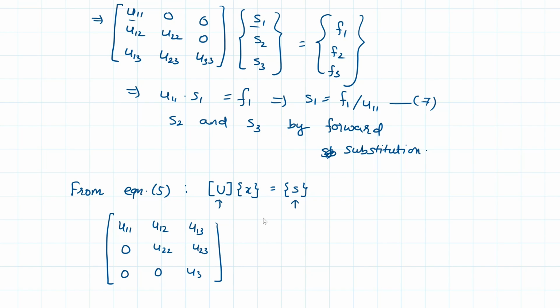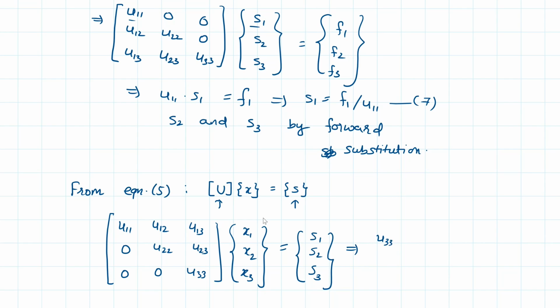This matrix U times vector X is equal to our vector S. Okay, this will give us U33 times X3 is equal to S3.